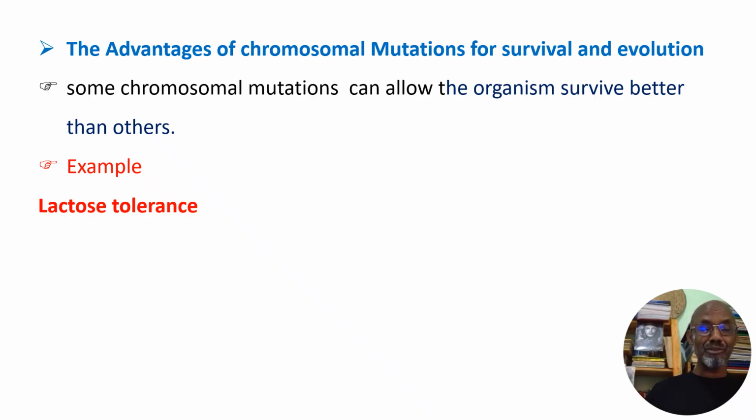What is lactose tolerance? Lactose, you know, is the double sugar in milk. And milk for mammals is the first nutrition, the best nutrition that the mother's body secretes to feed the baby.